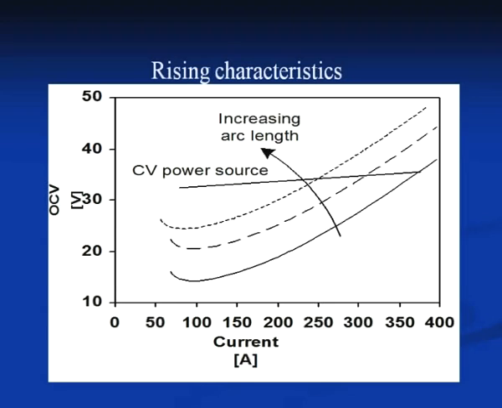In this diagram, we can see the rising characteristic power source, where a slight positive slope can be seen, and you can see here that when the arc welding current is increased, there is a little bit of increase in the voltage.